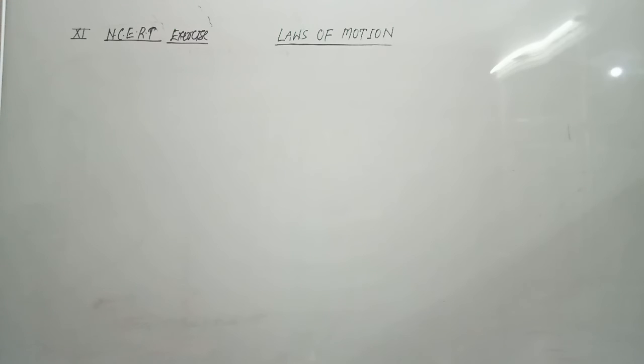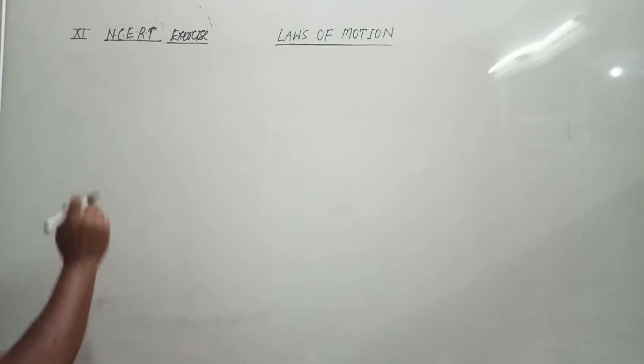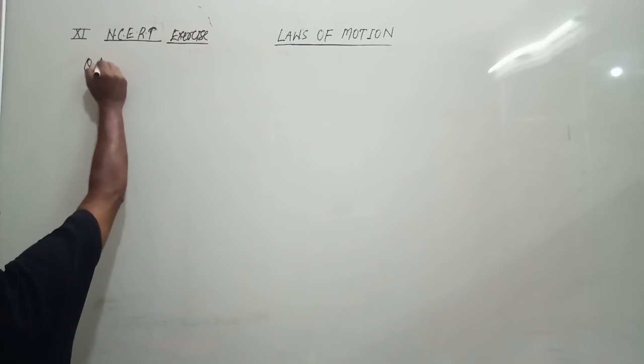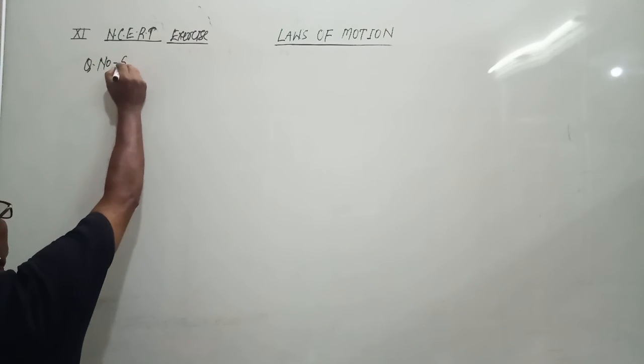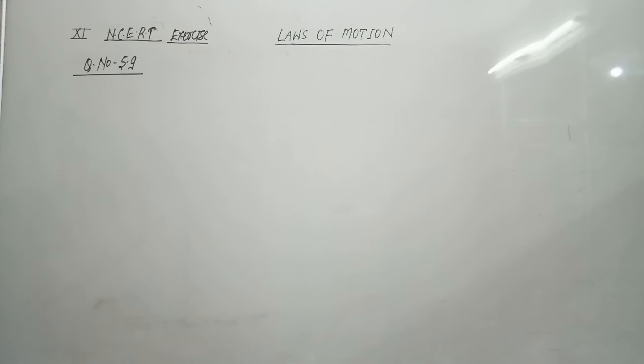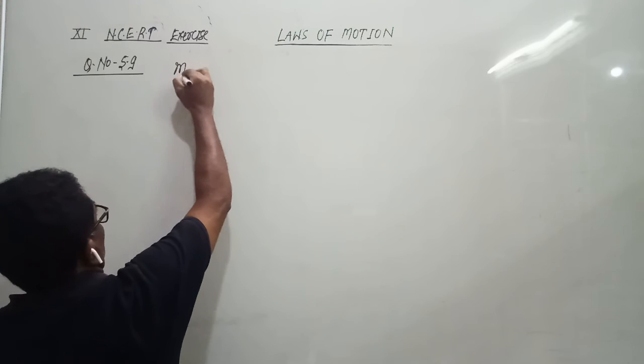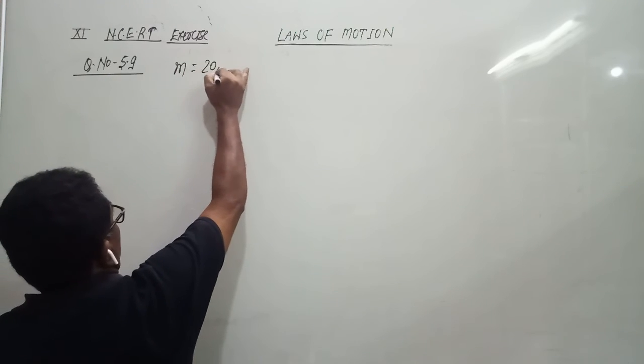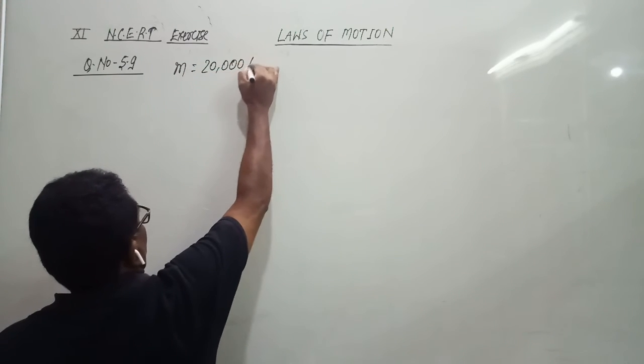Now question number 5.9. We are given a rocket with a lift-off mass of 20,000 kg. The mass of the rocket M is equal to 20,000 kg.